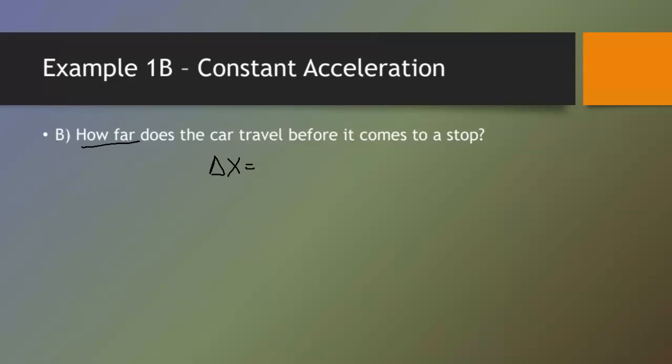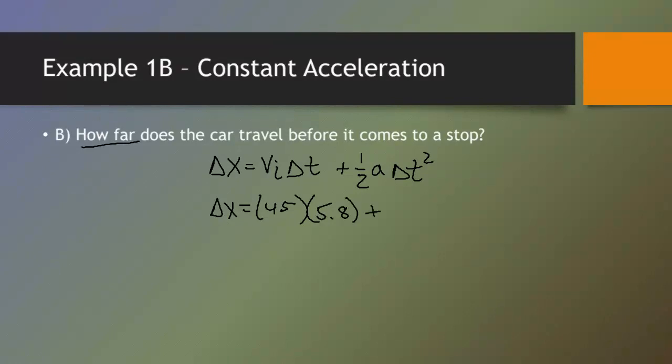That's going to be equal to the initial velocity times delta t plus 1/2 times A times delta t squared. The initial velocity was 45, not 4.5. Time was 5.8, plus 1/2 times negative 7.76 times 5.8 squared.